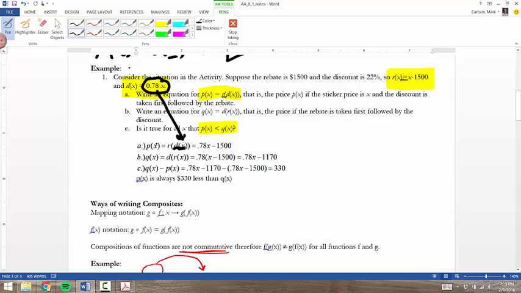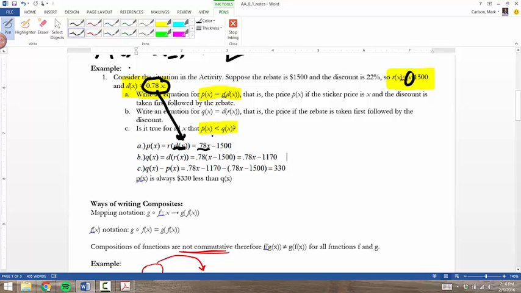So anytime I see x in r of x, I'm plugging in 0.78x. So I take x out and put in 0.78x minus 1500, because it's minus 1500. So all I've done is rewritten r of x with 0.78x in the place of x.